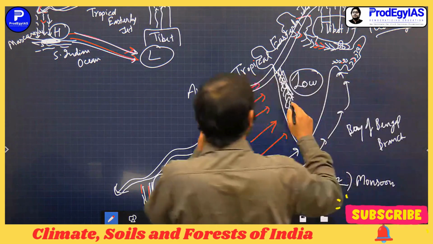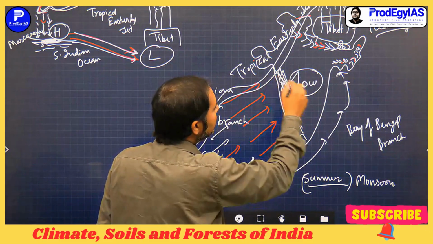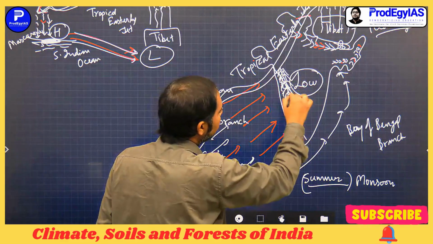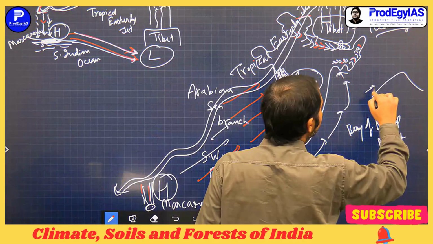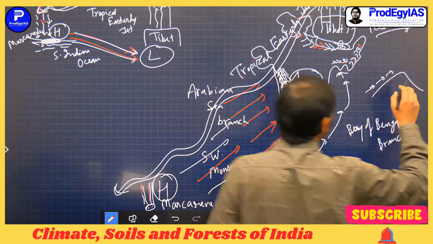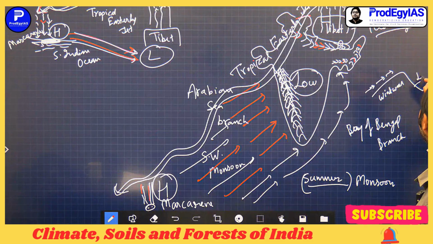As it enters, you know that all these areas on the west part of the Western Ghats will be the windward side, and this is leeward. Leeward is also called rain shadow.